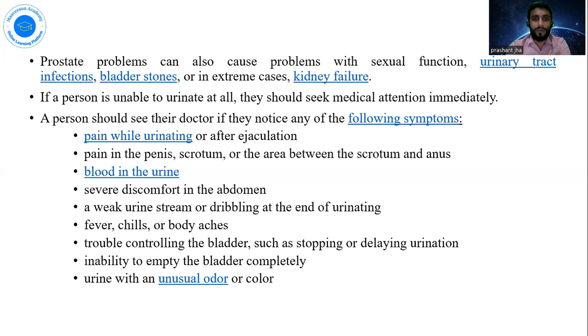Fever, chills, or body ache. Trouble controlling the bladder, such as stopping or delaying urination. Inability to empty the bladder completely, and urine with an unusual odor or color. So, if any one of these symptoms is visible, then you have to immediately consult with your doctor or physician.